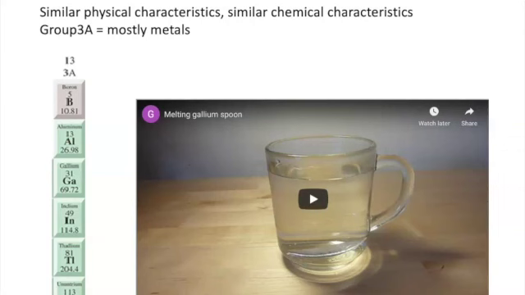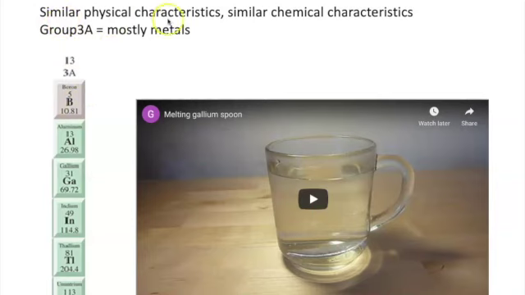So we know that elements in a vertical column are a group. They're called a family. And this is an example of family 3A. So these are mostly metals, those to the left of the stair-step line, except for this boron, which is shown in gray. That's just on the stair-step line. So when there are elements, they're all different elements, but they are in the same family.